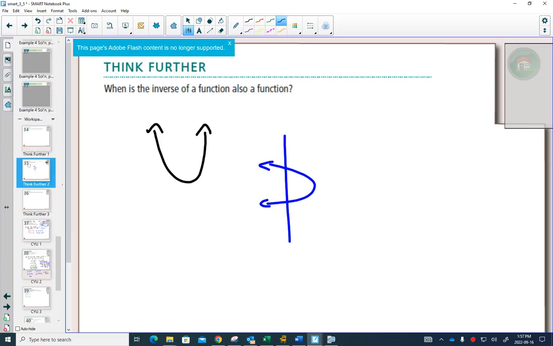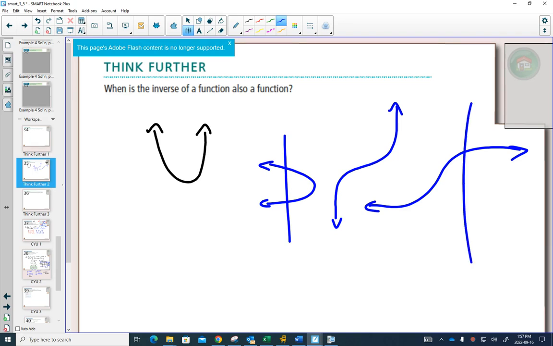But if I looked at the x cubed graph, I could say, yes, the inverse will be a function even before I graph it. By the way, if you flip this one around, it would look like that. And it's a function. The vertical line, no matter where I put this vertical line, hits the graph only once.